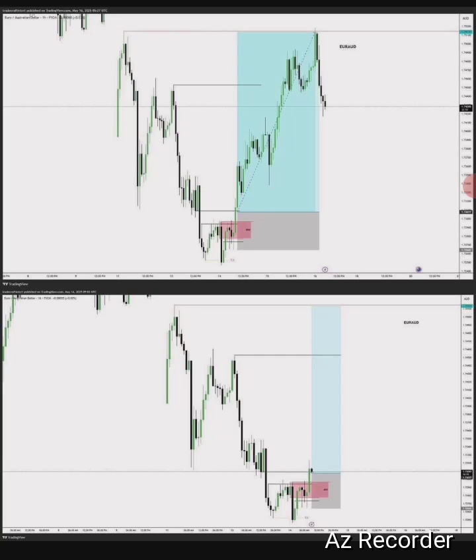The demand zone, the gray zone, you can see around the price 1.7240 to 1.7260. There the price dropped, bounced, found support, and rebounded.